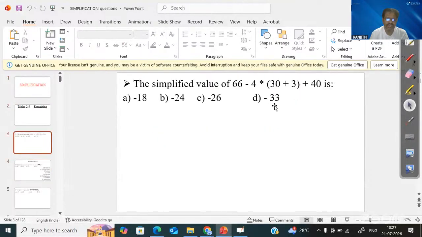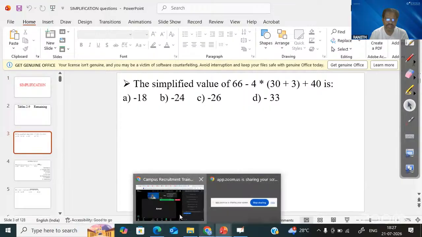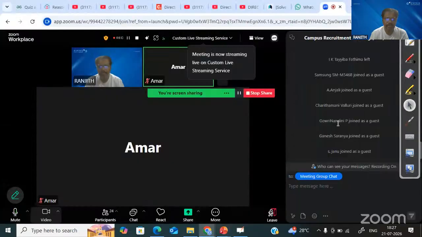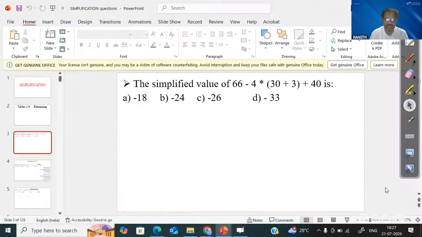Can anyone tell me the answer for this one? Anyone? So what is the answer for this one?